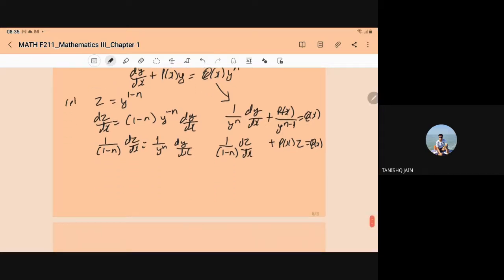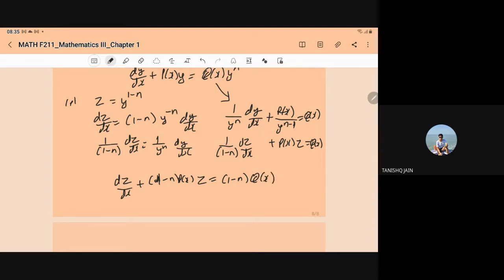So from here, what you will get is dz by dx plus 1 minus n, p(x) z, is equal to 1 minus n, q(x).